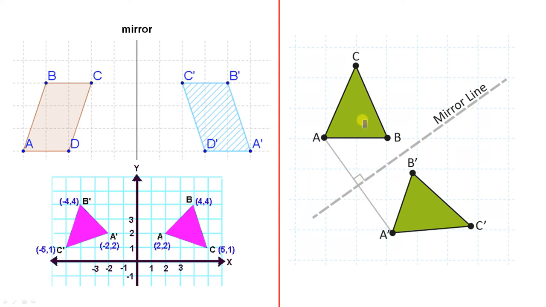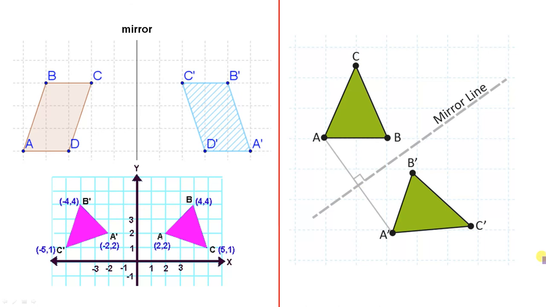When you have your original and then you have your image, that's exactly what we see there. Okay, so it's quite straightforward. That line goes to there, that line goes to there, and we have the reflection happening in that mirror.